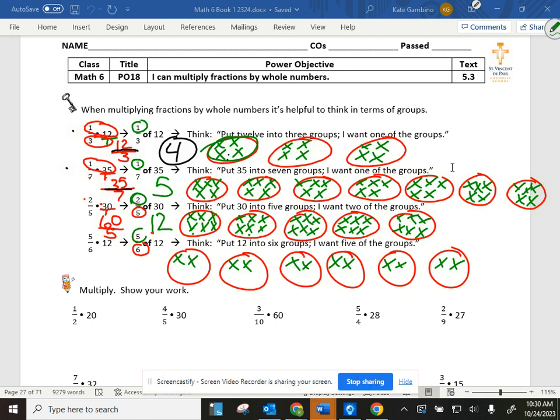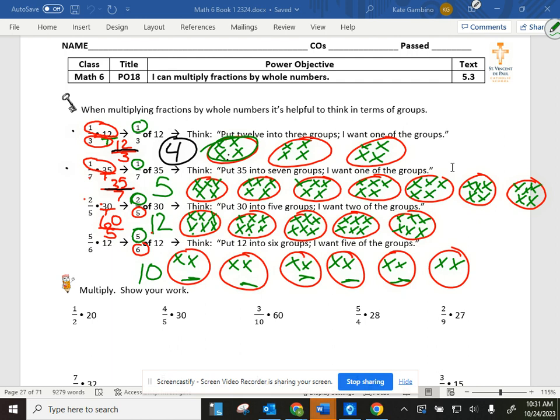And I need 5 of these groups. So how many do I have all together? If I have 2 in each group and I need 5 of those groups, how many is that? Connor? 10.